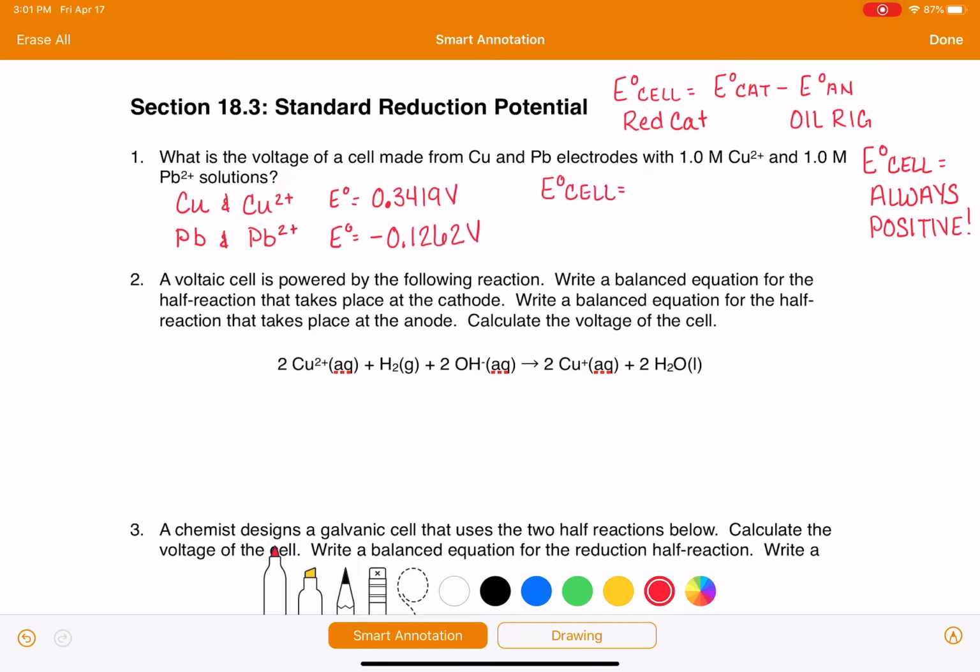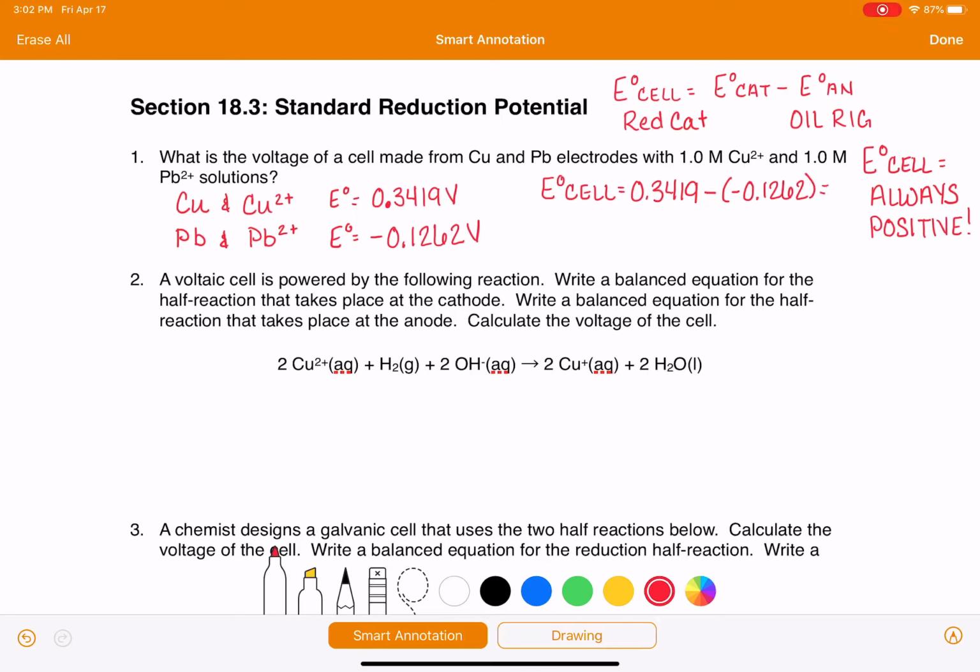cathode minus anode. And you might be saying to yourself, but wait, we don't know which one is the cathode, so we don't know which one comes first in the equation. Well, there's only two options here. So it's either going to be that the copper is the cathode, in which case it's 0.3419 minus negative 0.1262.